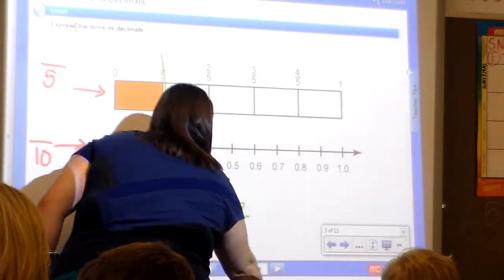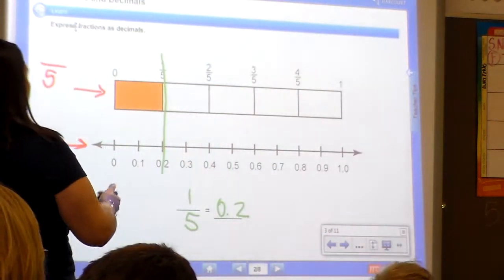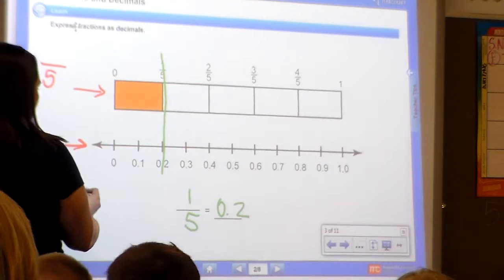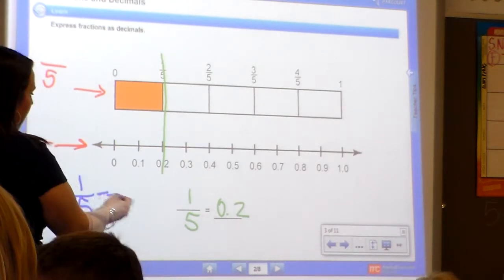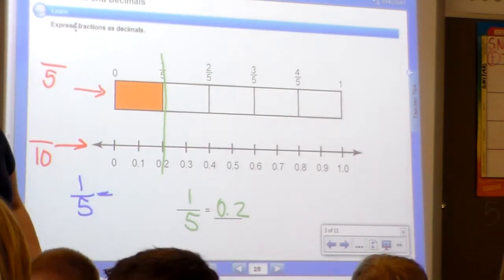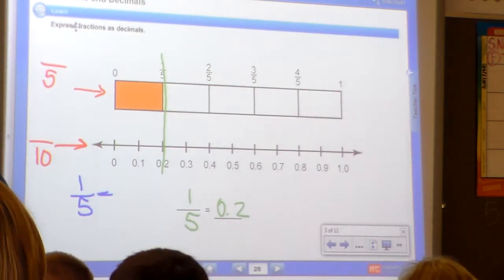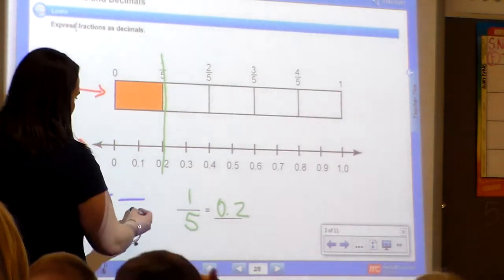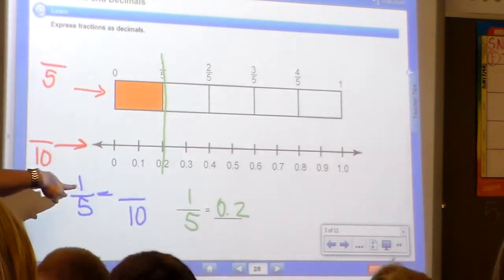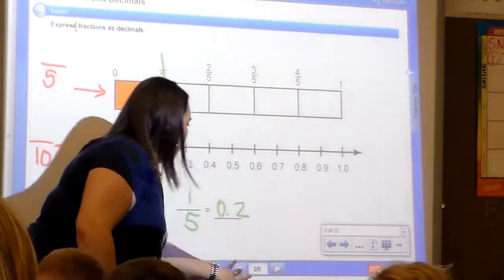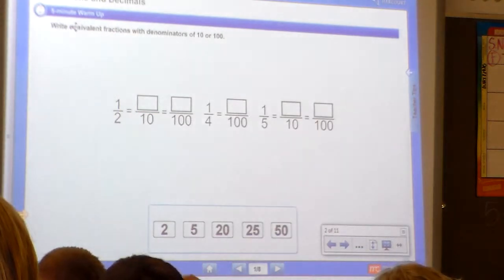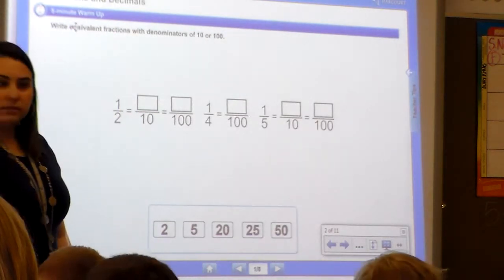So, Duncan and his group took the number 1/5 and they said, can I get tenths out of that fifth? How? Well, look at that. What does this look like? Something that you already know how to do.